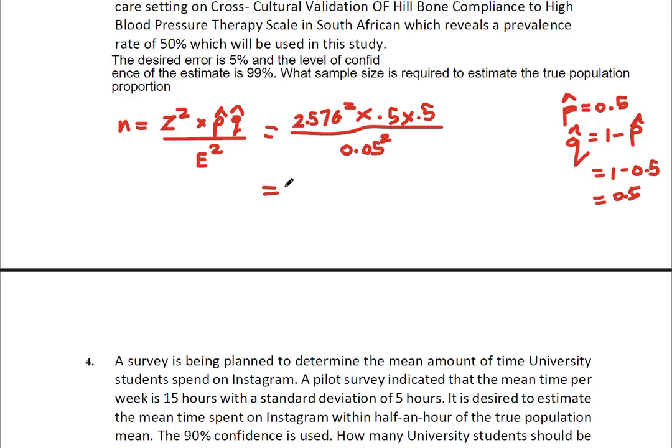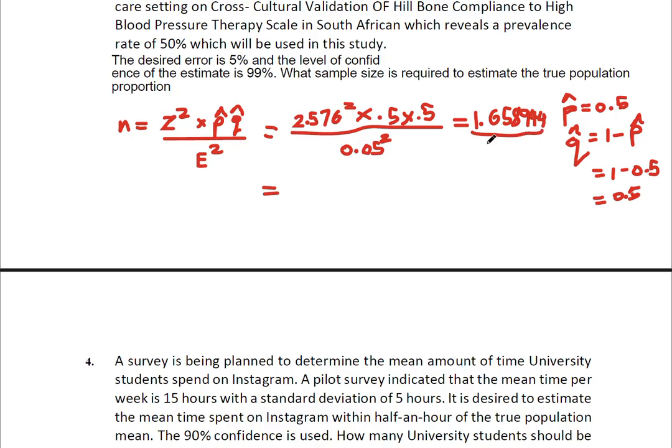So I'm just going to work out the numerator, 2.576 squared. And then we multiply that by 0.5 by 0.5, which gives us 1.66 roughly. So I'm going to write out all the decimal points, 1.658944. I'm going to divide all of that by the square of 0.05.